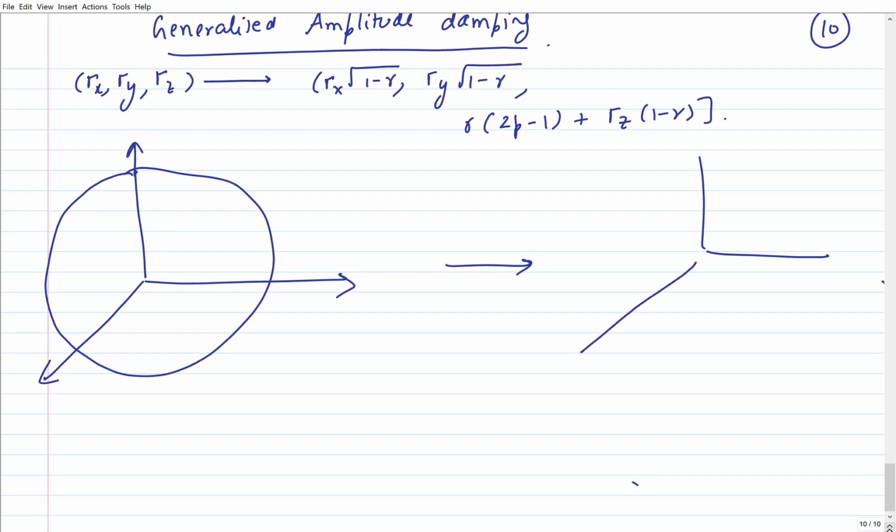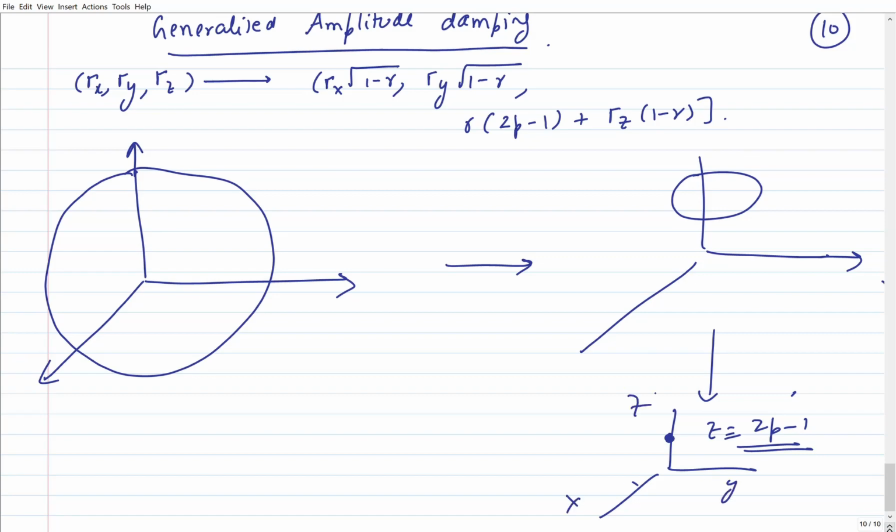Eventually it's going to contract to some state z 2p minus 1. That's going to be your final invariant state. Remember, that's because the environment is at a finite temperature.